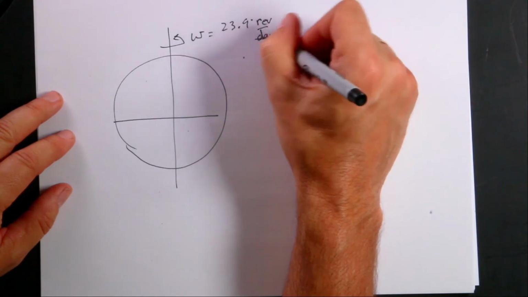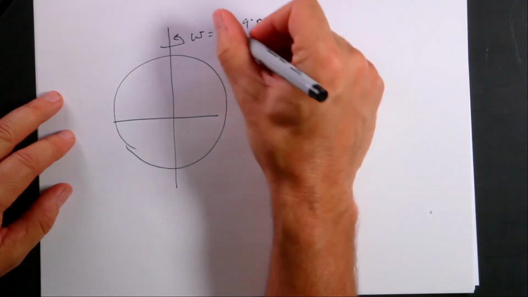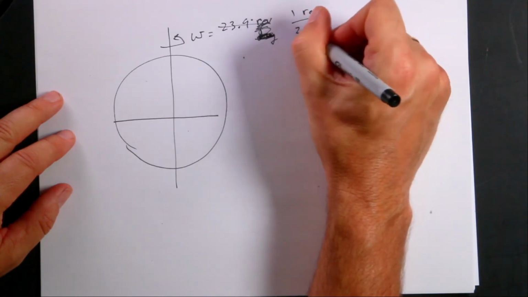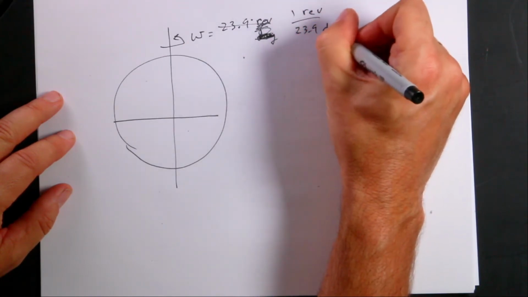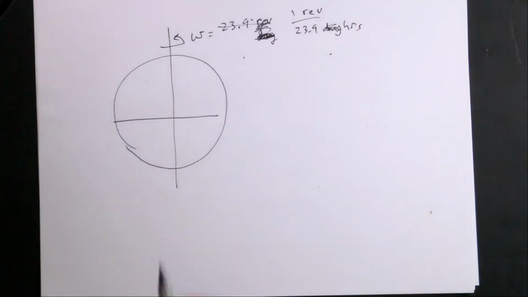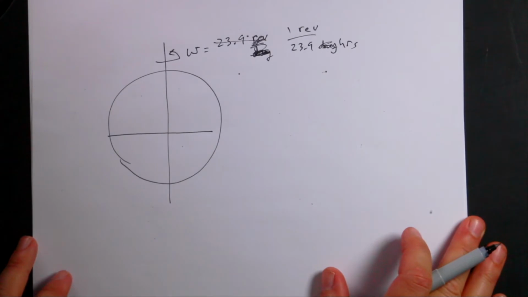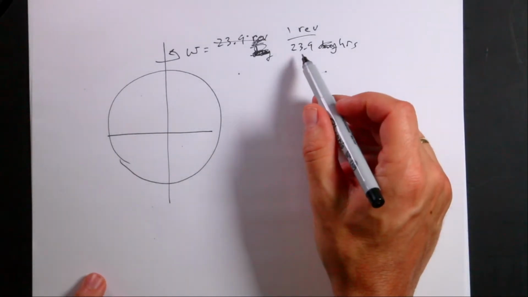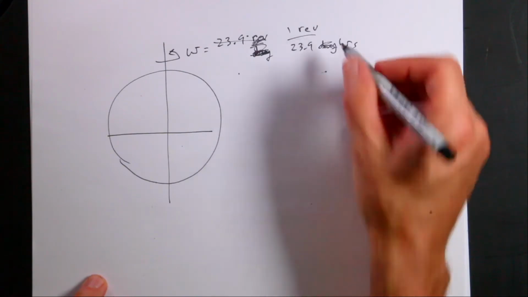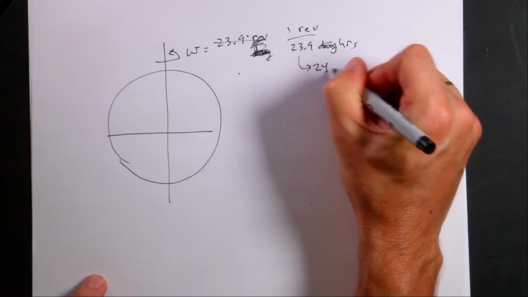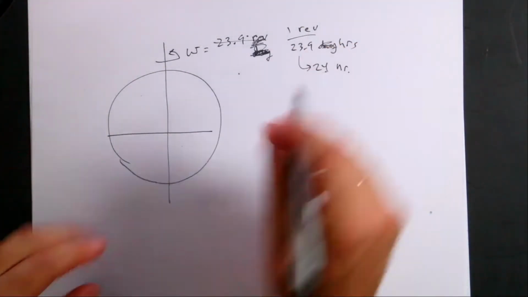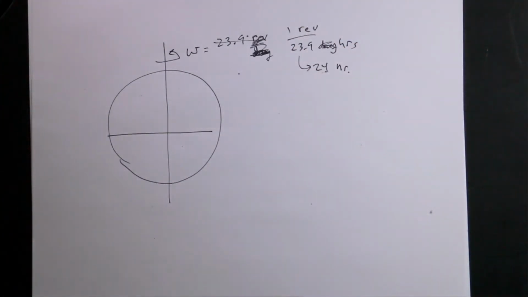No. One revolution is 23.9 days. That's what it is. No, hours. I was just so excited about the 23.9. So 23.9 hours is a sidereal day. It's how long it takes the Earth to actually rotate. If you wanted to use 24 hours, I think that would be fine. It's not a big deal. But then we can convert this to radians per second, which we will do. Okay, but it is rotating.